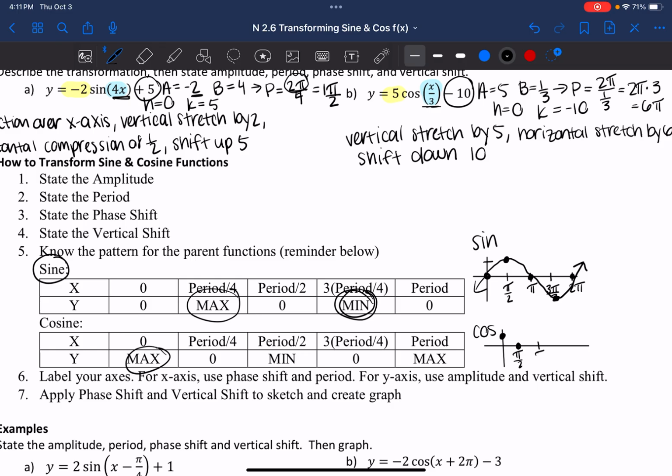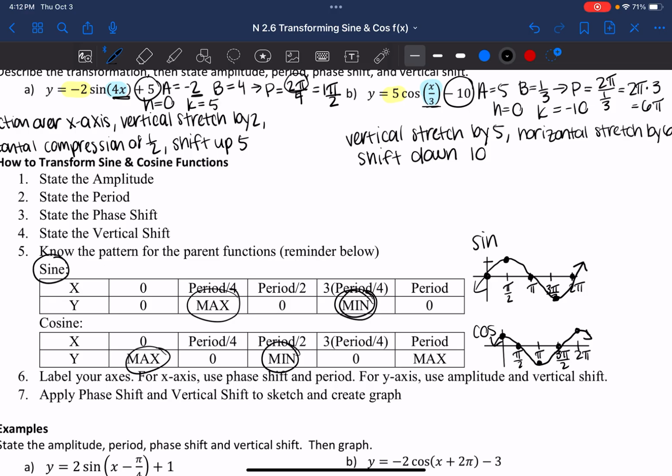When I get to pi, I'm now down here at my minimum value, -1 on the parent function. At 3 pi halves, I'm back at 0. And by 2 pi, I'm back where I started at 1. So our graph looked something like this.